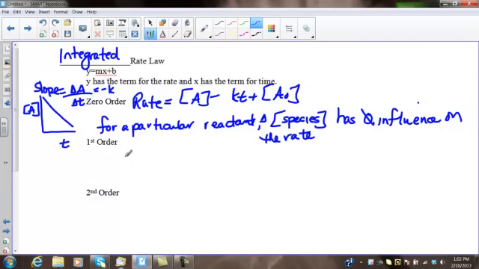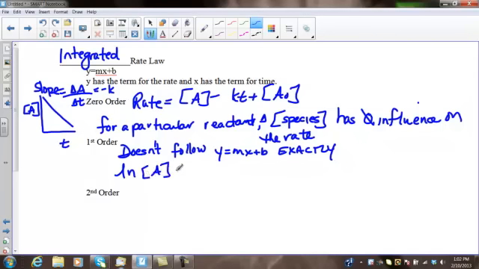For first order reactions, it doesn't follow y equals mx plus b exactly. Just want to throw that out there. So you would have the natural log of A is equal to negative KT plus the natural log of the initial concentration.